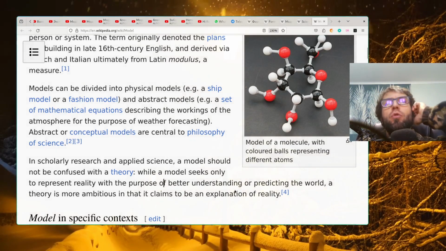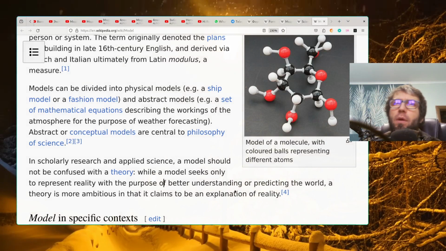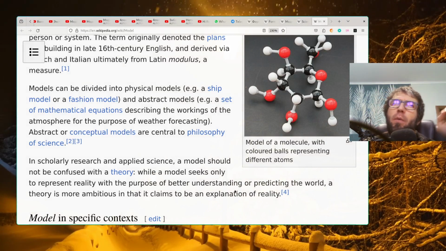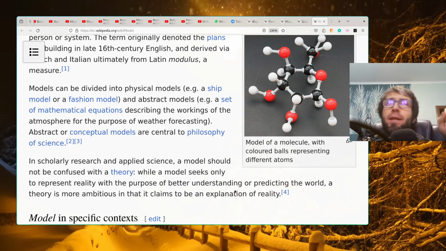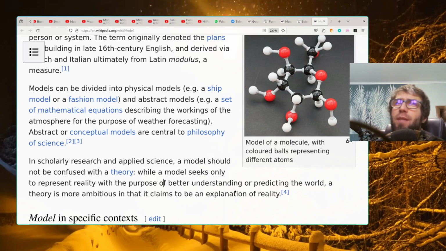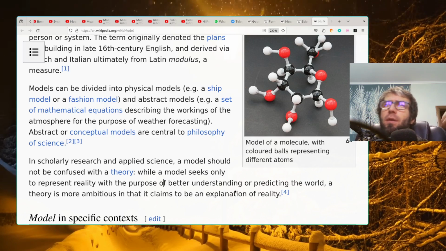Models should not be confused with a theory. The model seeks only a way to represent reality for the purpose of better understanding or predicting this part of reality. And the theory is more ambitious in that it claims to be an explanation of reality.